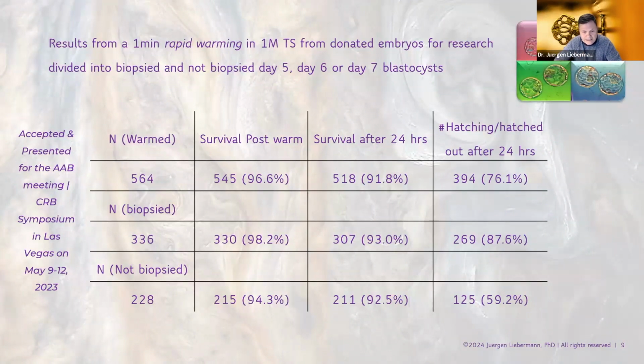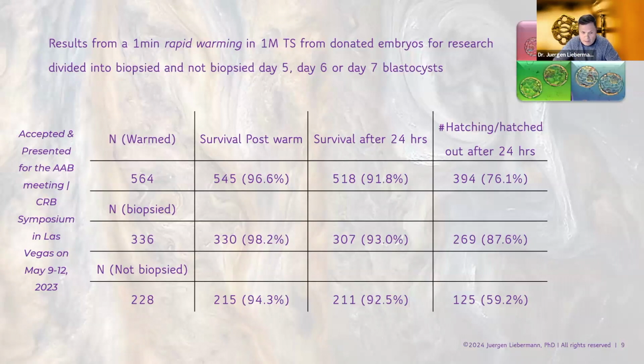And what you see in the second column is the survival right after warming. We kept them in culture in 20% media until 24 hours later, and we looked again at how they presented themselves, and you see still a good survival. And in the end, we finally saw about 67% of these blastocysts hatching or hatched.